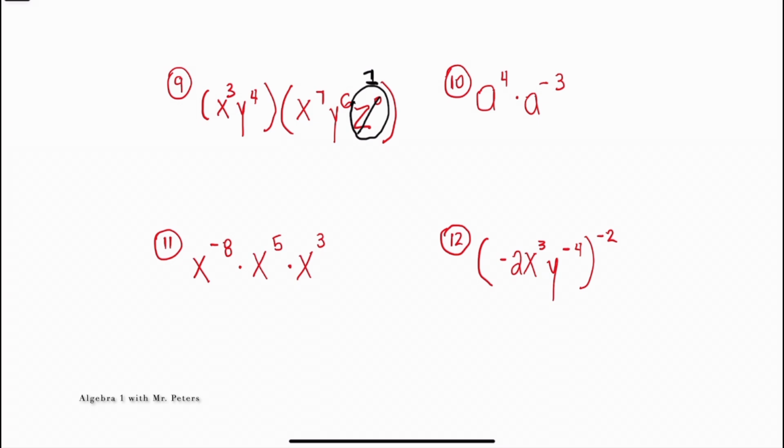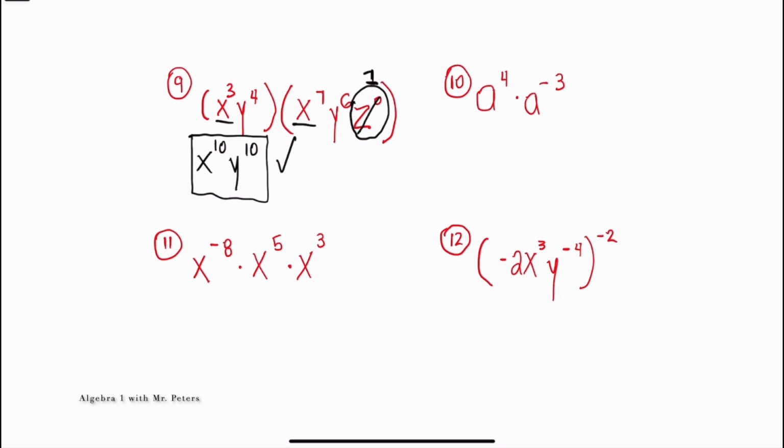So when we focus back on x, same thing, we're going to add those exponents. So this turns into x to the 3 plus 7. We get x to the 10th. Y to the 4th times y to the 6th gives us y to the 10th. And z to the 0 power is 1. We do not need to put that 1 there. This would be our final answer as a result.